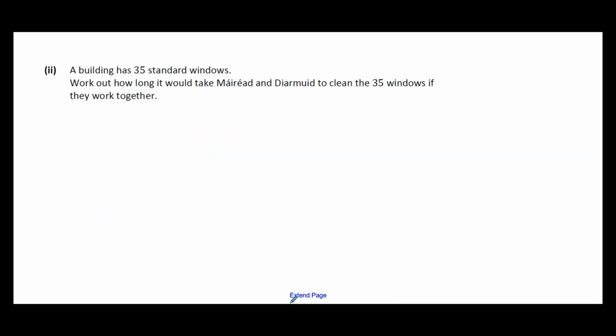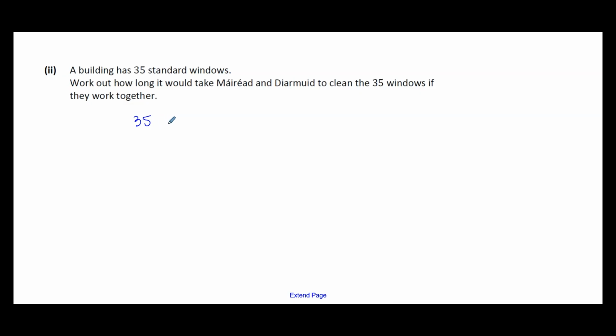The second part. A building has 35 standard windows. Work out how long it will take Myriad and Dermont to clean the 35 windows if they work together. Okay, so think about it. Let's say there is 35 windows, and let's say they both clean at the same speed.